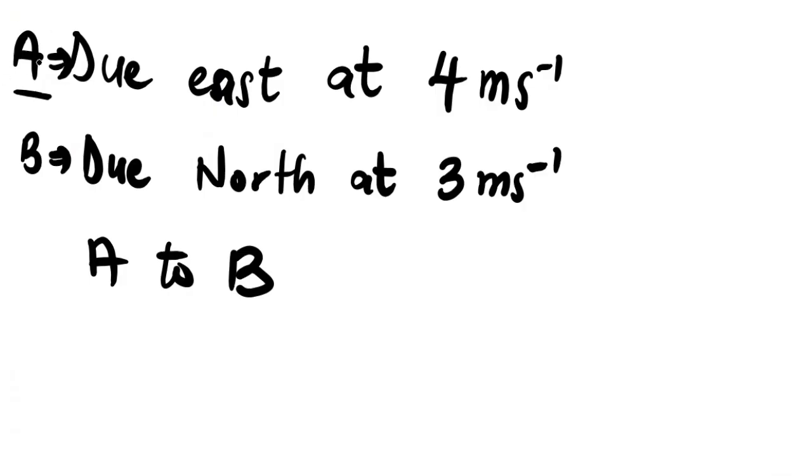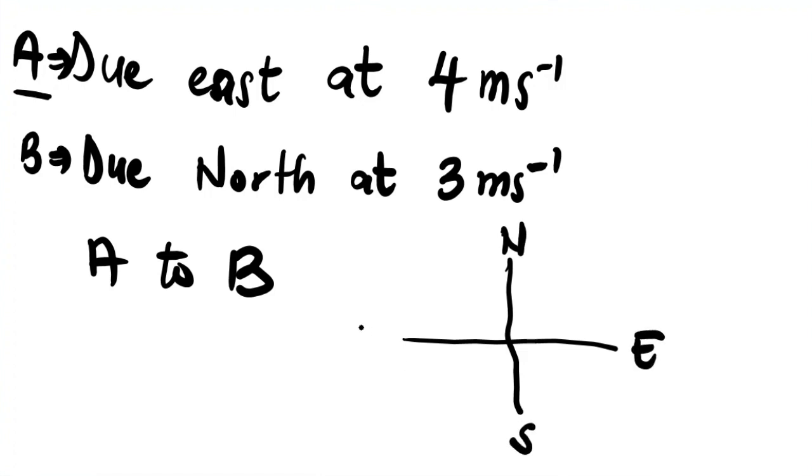A particular body A is moving due east at 4 meters per second, and B is moving due north at 3 meters per second. When we say due east and so on, we make reference to the cardinal points that we know: this is the north, this is the east, this is the south, and this is the west. This is what we make reference to when we are giving direction.